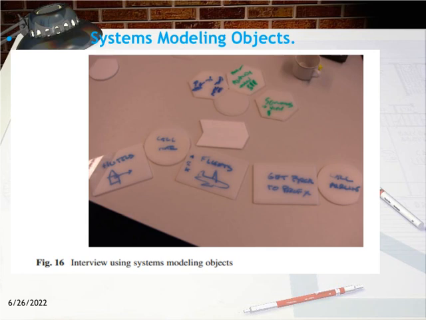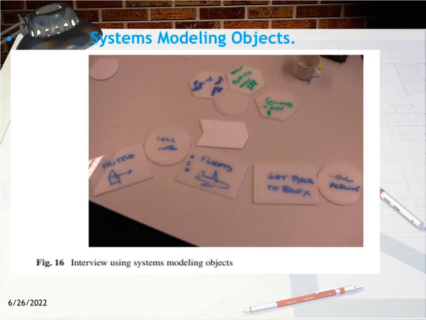These pieces are easy to handle, and people can change their interpretation of their processes by moving these pieces around the table. In the Media Models framework, systems modeling objects establish a move towards less abstraction and less resolution than BPM media.